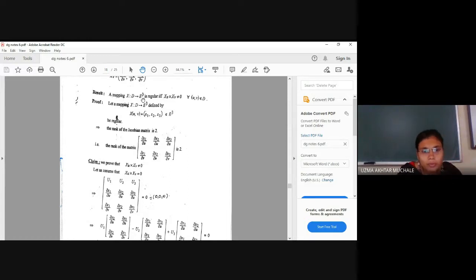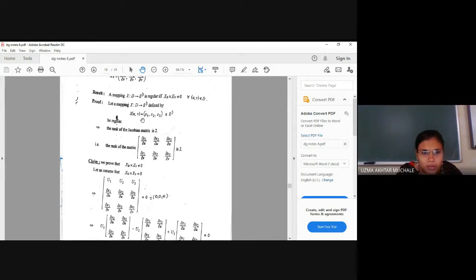Up to now, if I want to prove any mapping to be regular, I have to find the rank of the Jacobian matrix, and if it is equal to 2, then only we can say the mapping x is regular. But now we can go directly to xu cross xv: find xu cross xv, and if it is equal to 0, then it is not regular. If it is not equal to 0, then it is a regular mapping.